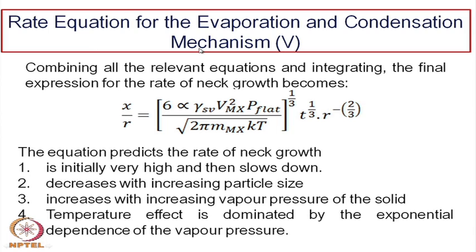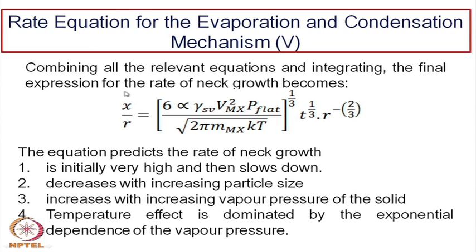So, to continue with that rate equation, combining all the relevant equations and integrating, the final expression for the rate of neck growth, this x by r ratio is normally termed as the neck growth, or the x relative to the initial particle size.